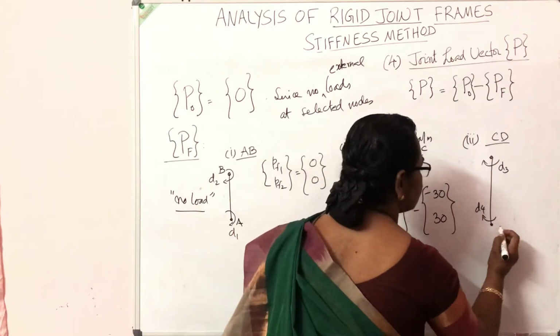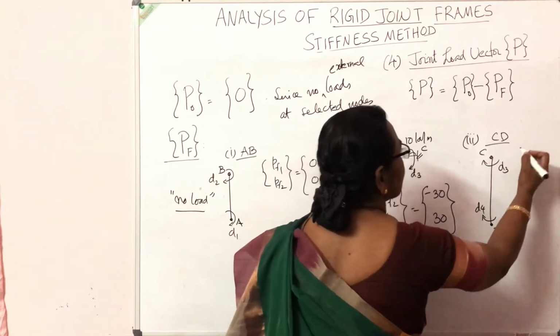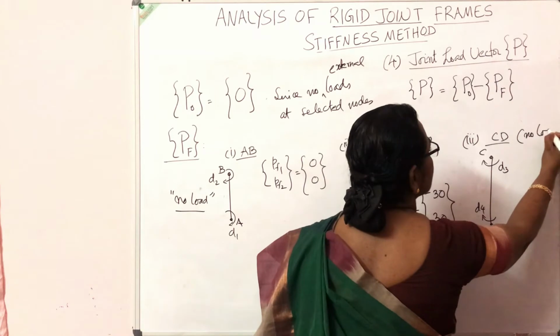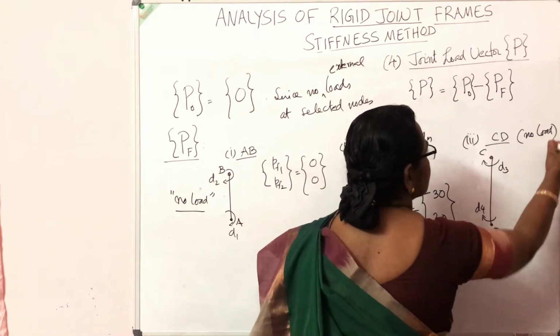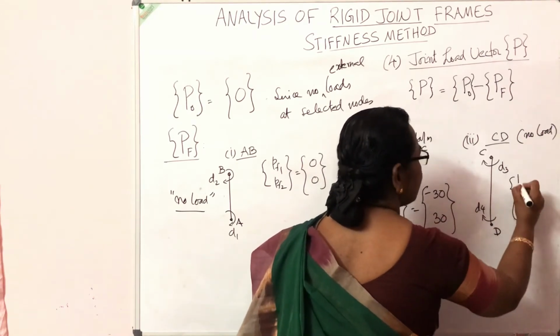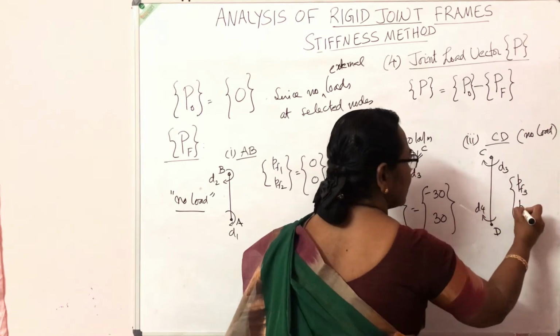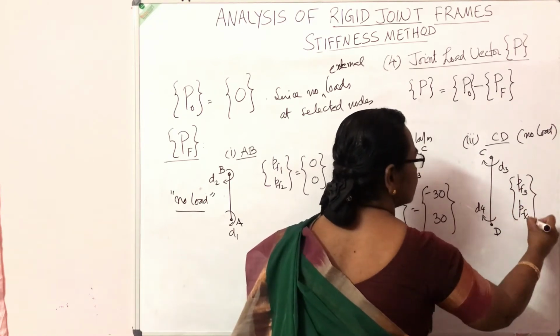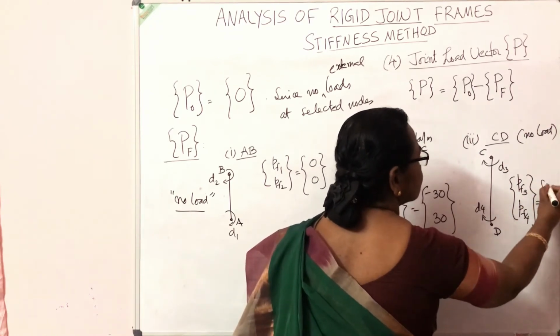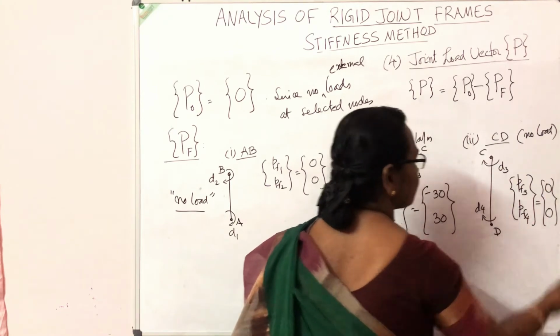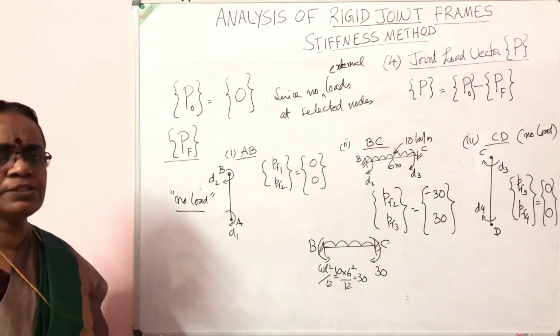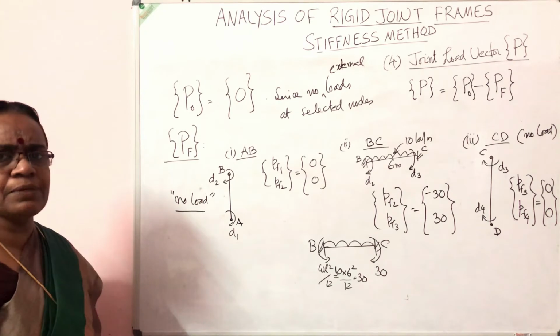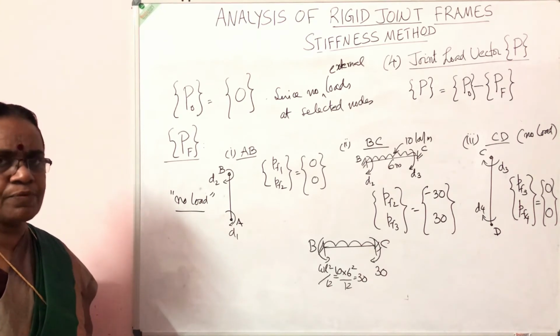Here also no load. Therefore, I can write PF3, PF4 are 0, 0. Thus, element by element, we have written the fixed end moment vector.